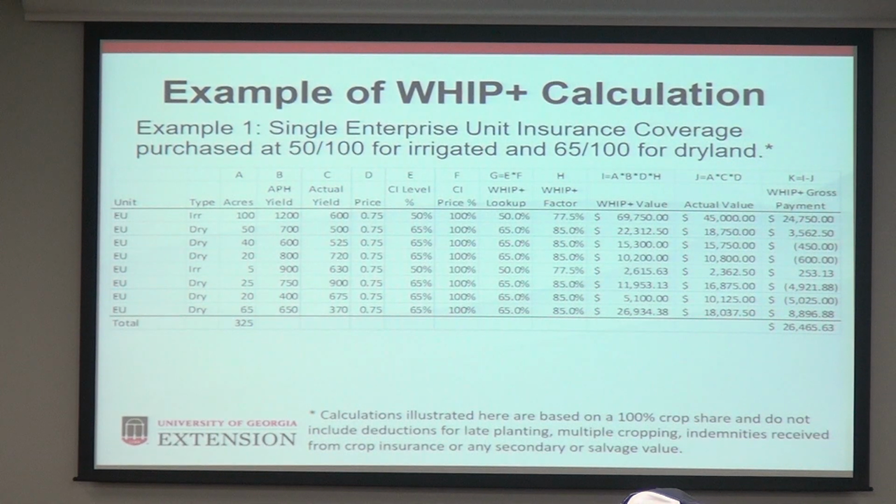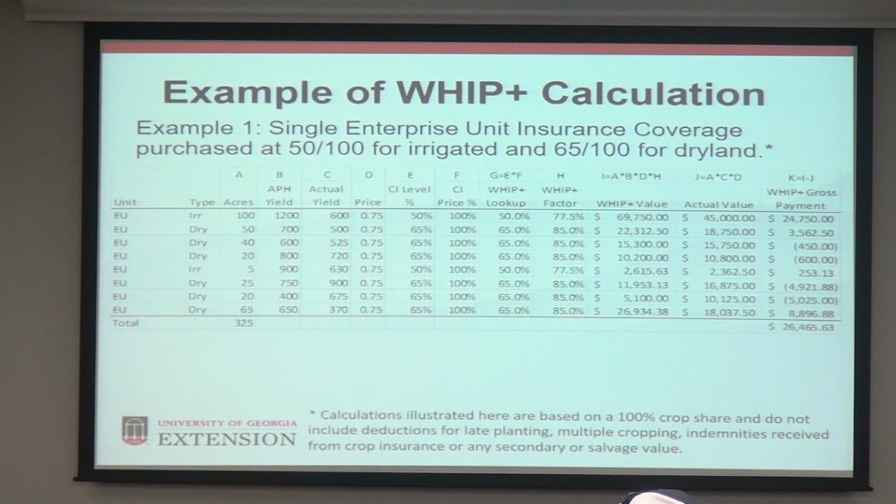And so that gives you the value that gets looked up in the tables that Brett showed you before to get your WIP plus factor as shown there in column H. So those factors for the irrigated land in these cases are 77.5% and then 85% for the dry land. You see there then that WIP plus value that's based on the acres multiplied by the APH yield, multiplied by that price, multiplied by that WIP factor.